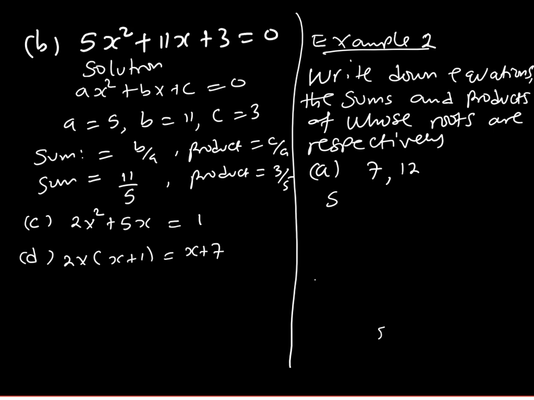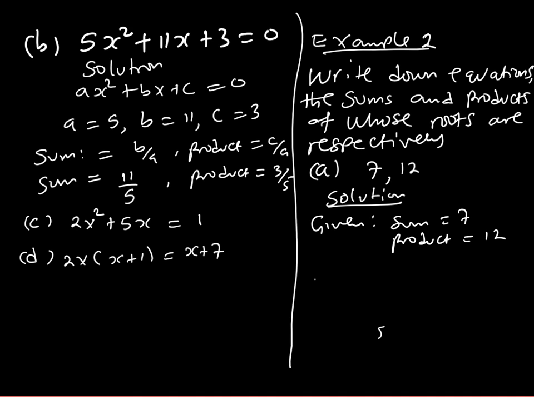So in our solution, you have been given sum equals 7, then product is equal to 12.